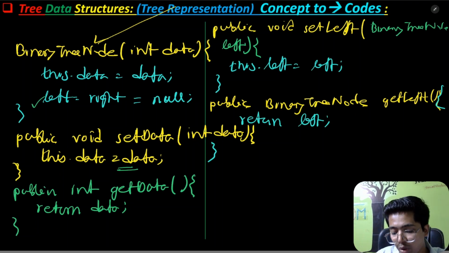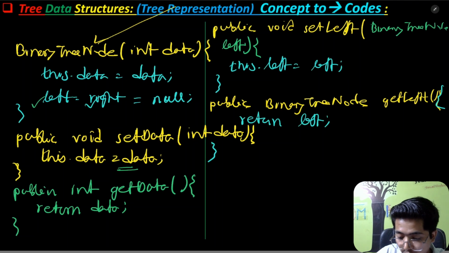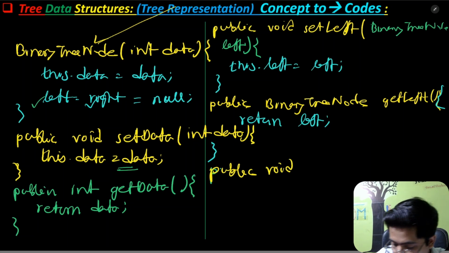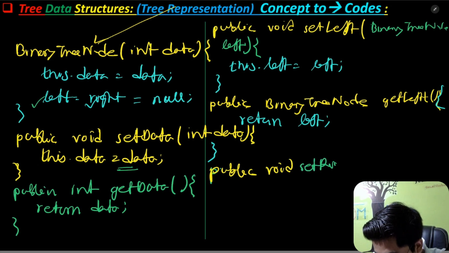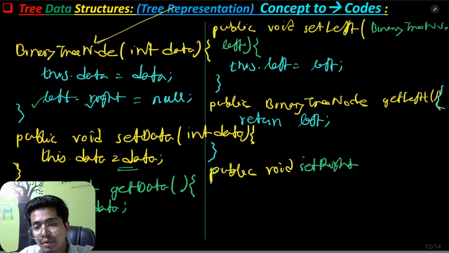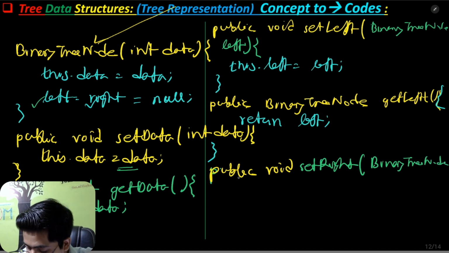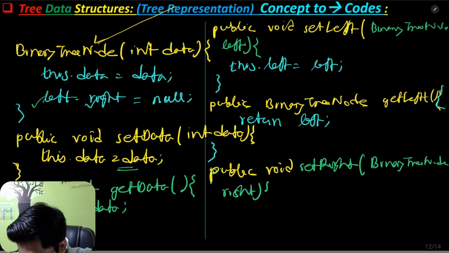Now we'll be setting for the right, because we also have the right variable. Public void set right. Now we are setting the data of the right position, and the data is again of binary tree node type, binary tree node right. And now we'll be assigning this dot right equals right.